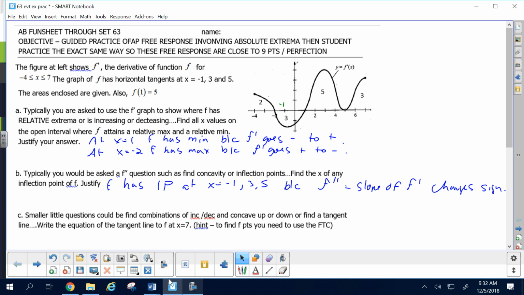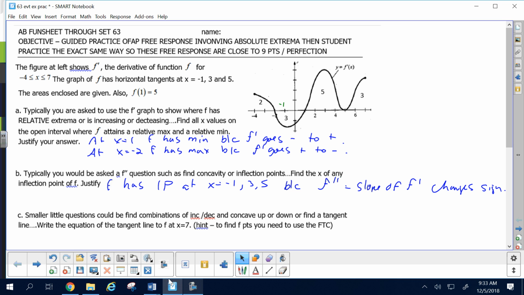Start with the basics. To do a tangent line, you need a point, a slope, and then you write point slope. It says hint to find f points using the graph. The graph isn't super clear about f prime.